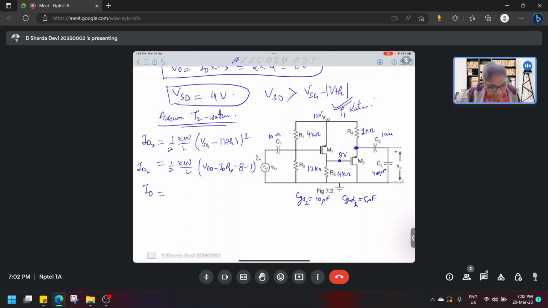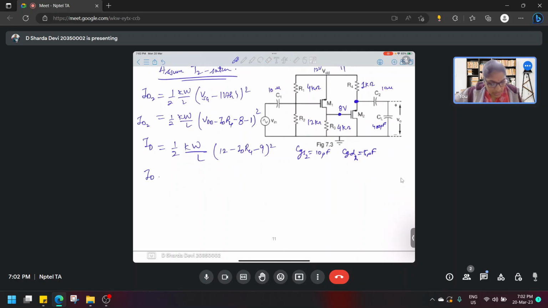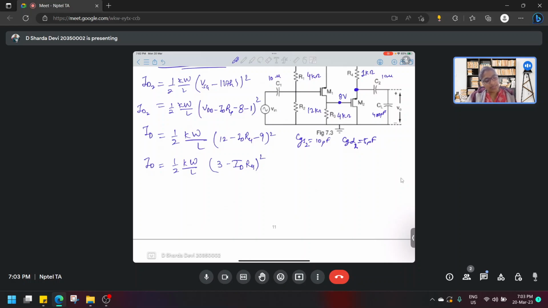So ID is half kW by L 12 minus IDR4 minus 9 square. ID is half kW by L 3 minus IDR4 whole square. So here we can clearly observe that we'll find a quadratic equation for drain current ID2.